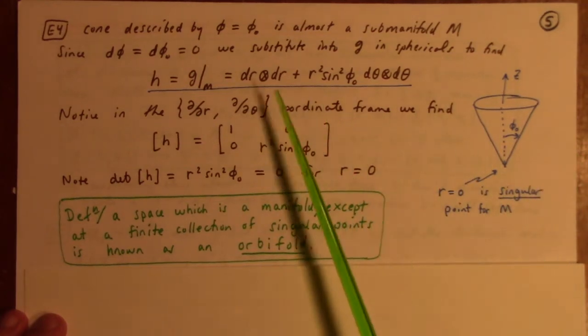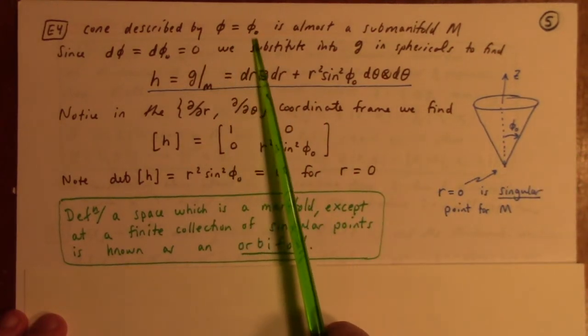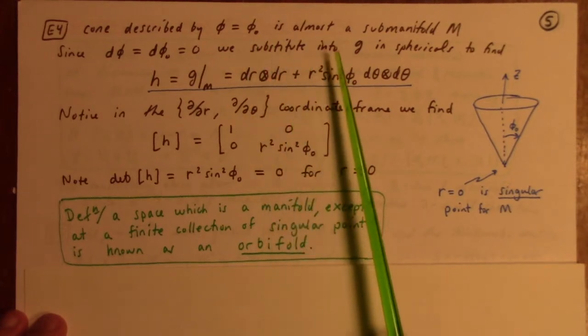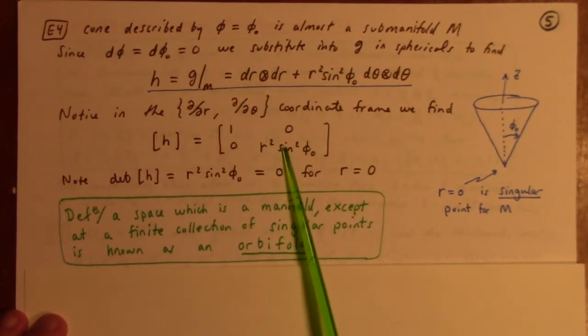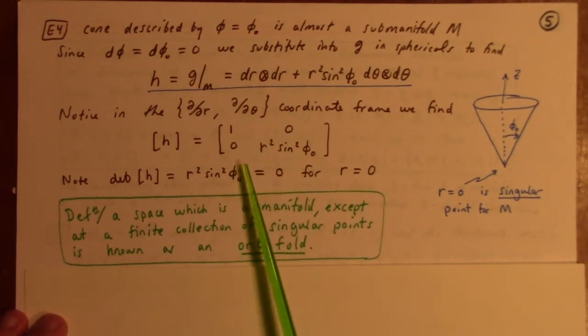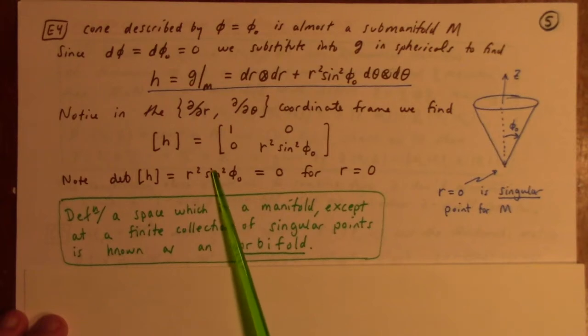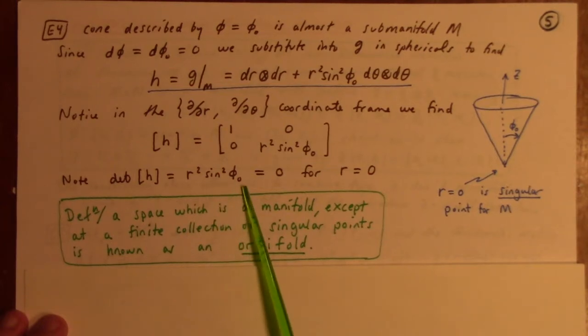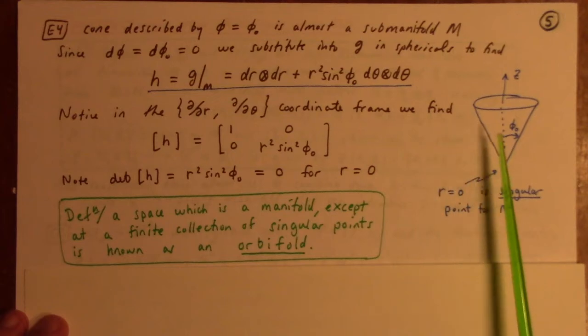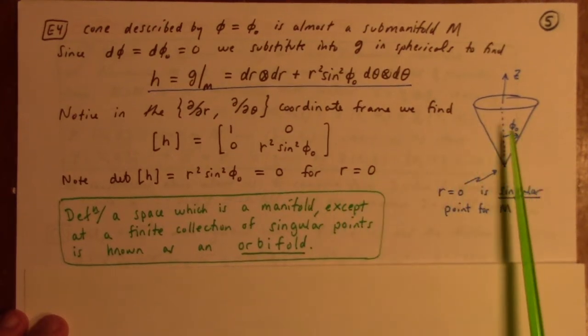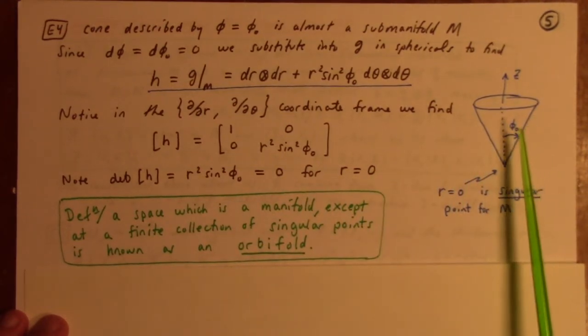Like I said, this is a manifold defined by phi equal to phi naught, but it's not really a manifold, because if you look at the matrix of this metric, the determinant is proportional to sine squared phi naught. Different things could happen here. If we have phi naught equal to pi, that's also a problem. That would not be a manifold at all.